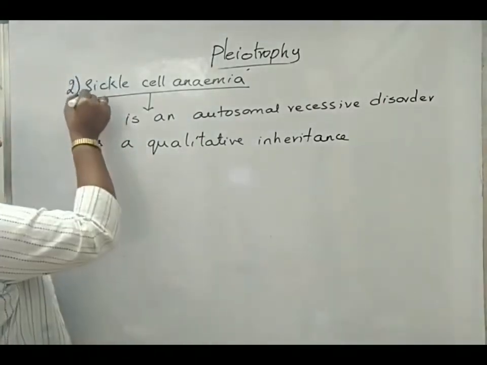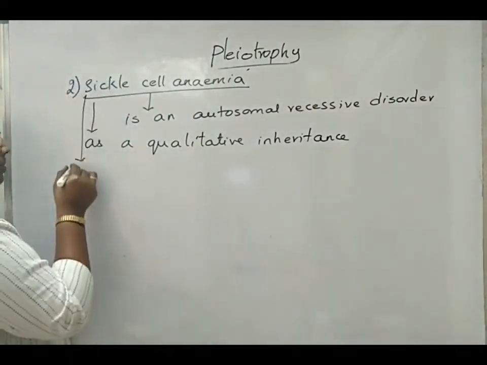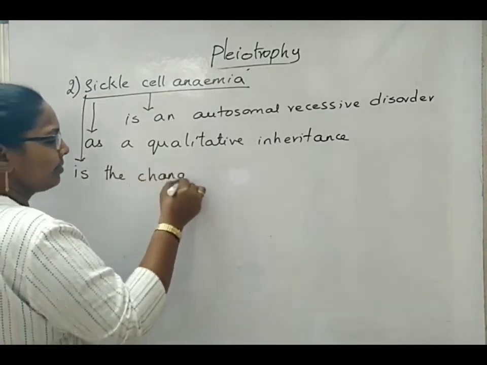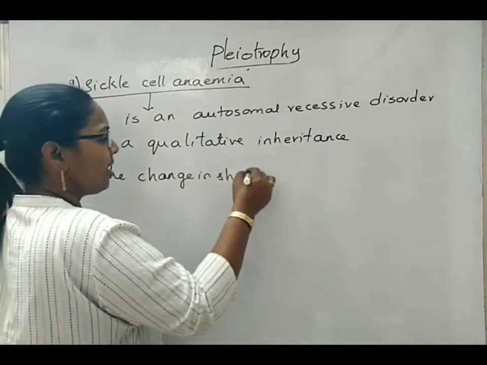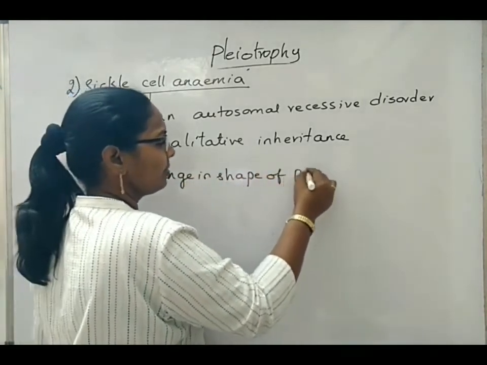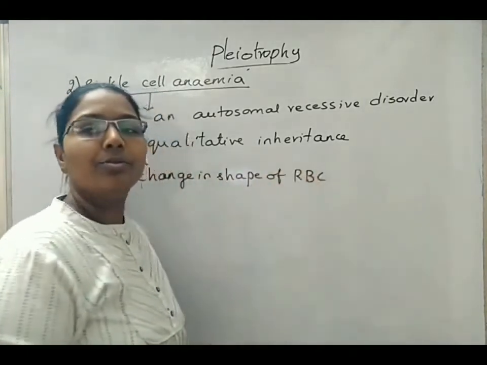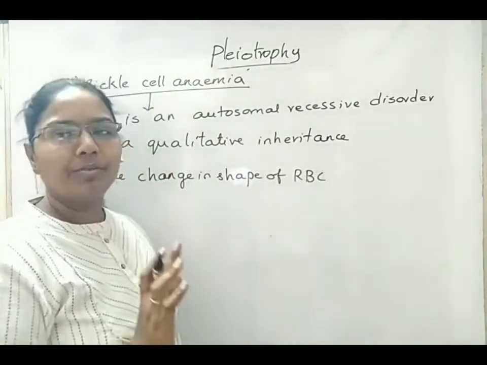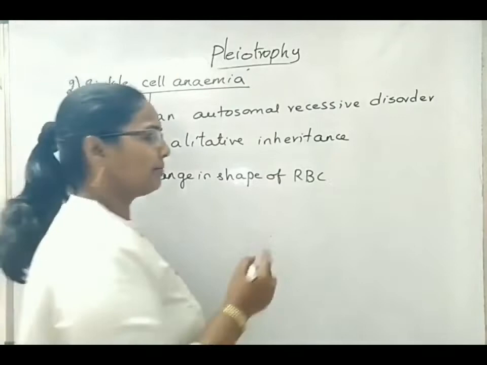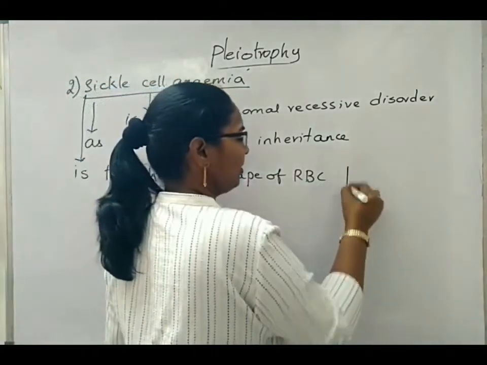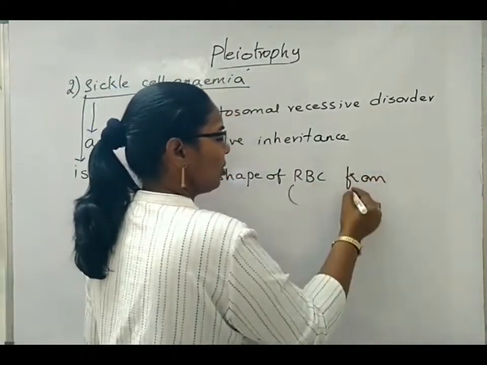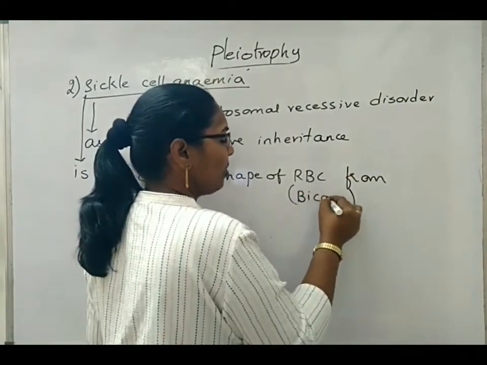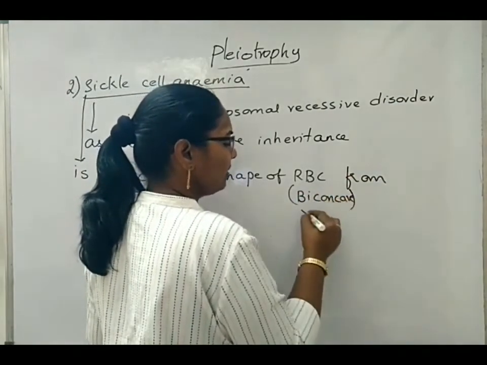Now, sickle cell anemia is the change in shape of RBC that is due to a change in the nitrogen base of one codon sequence. Normally we know that the shape of RBC in human beings is biconcave, like this.